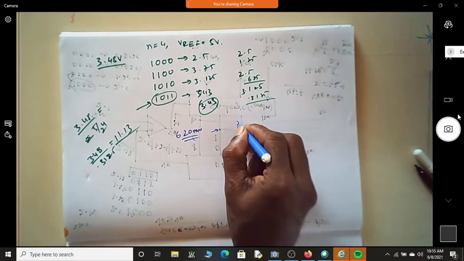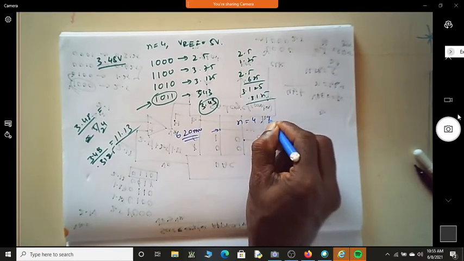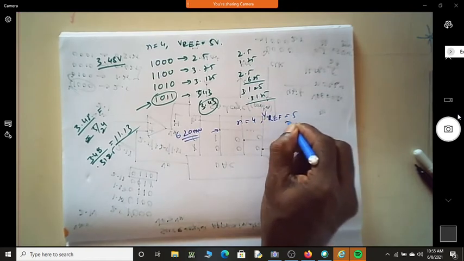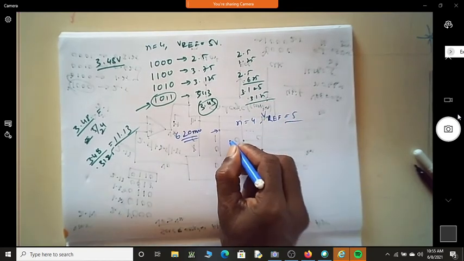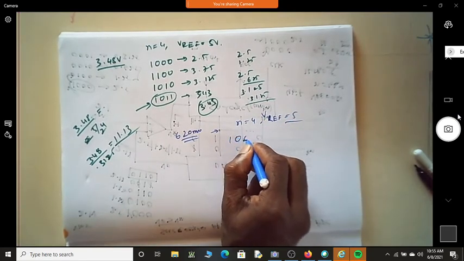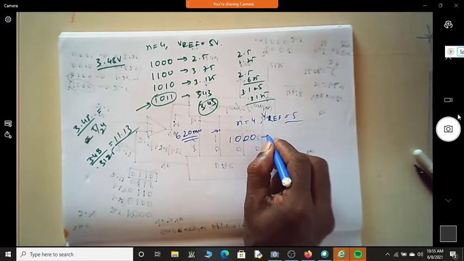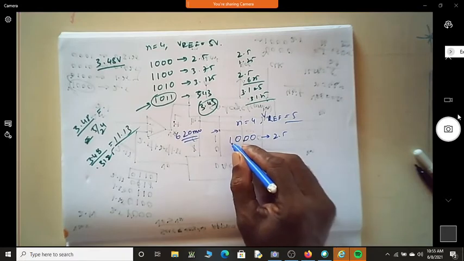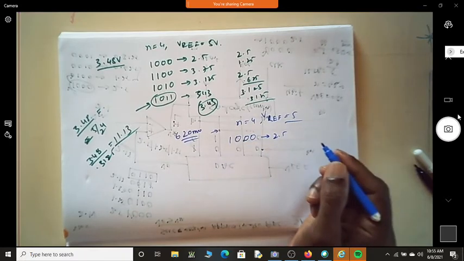Can somebody say? N is equal to 4, V reference is equal to 5. It always starts from the first MSB. Is it 2.5? Yes, sir. Will you retain this or will you change?